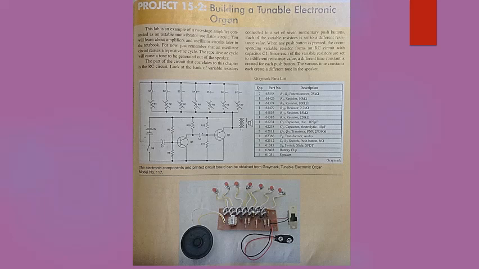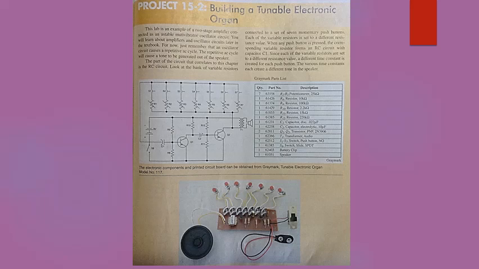Look at the bank of variable resistors connected to a set of 7 momentary push buttons. Each of the variable resistors is set to a different resistance value. When any push button is pressed, the corresponding variable resistor forms an RC circuit with capacitor C1. Since each of the variable resistors is set to a different resistance value, a different time constant is created for each push button.